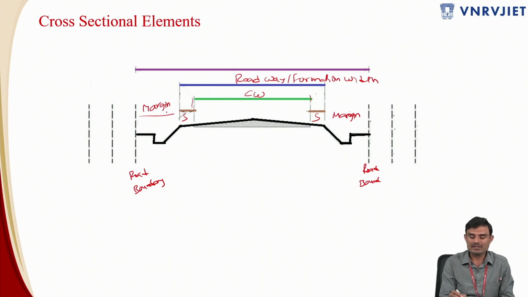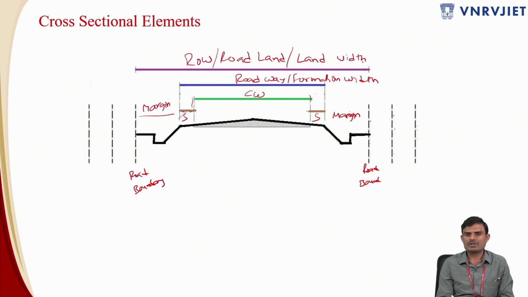So this is roadway plus road margins on either side. This is very, very important, which is the right of way, or ROW. It is also called road land, or land width. These are the values which you need to remember at any point of time.